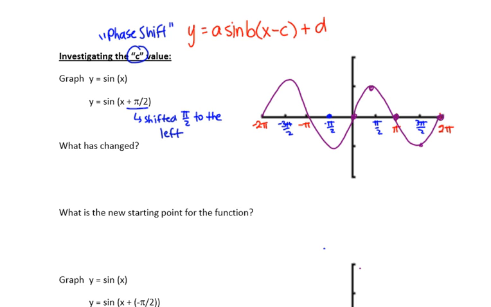At x equals 0. This point, shift it to the left pi over 2. Our negative 1, shift to the left to the pi. And then 3 pi over 2. So it's shifting our graph pi over 2 to the left. I'm moving it that direction. And then just take the rest of your points and just shift them.